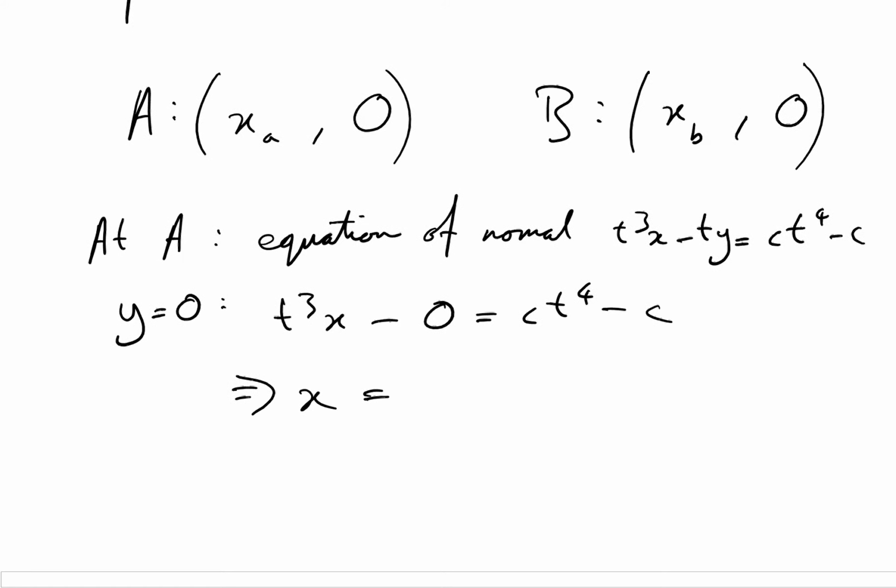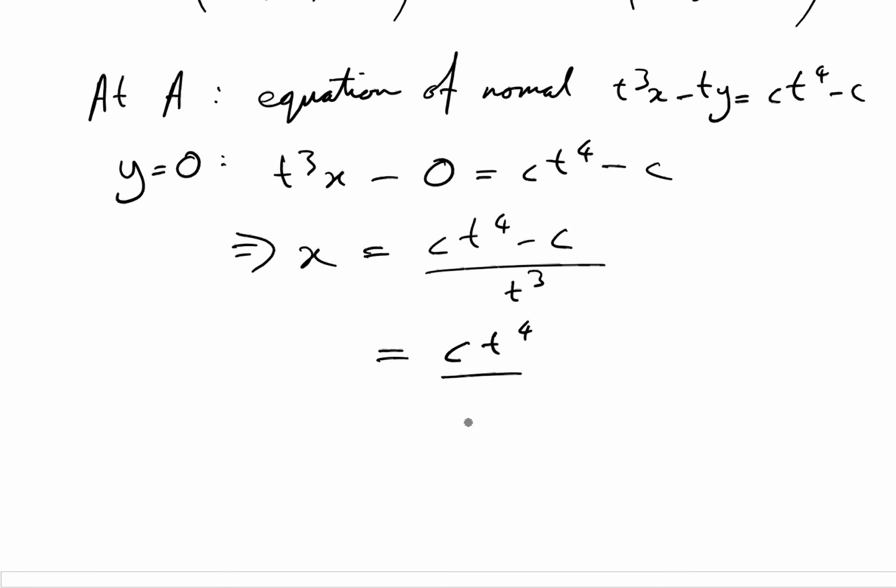So x equals ct to the power 4 minus c, all over t cubed. Let's do a little bit of simplification again. We've got ct to the power 4 over t cubed. Let's break it up into two fractions, because it looks neater in my mind, and we can do a little bit of simplification. Minus c over t cubed. Let's look at this second one first. We can't do anything with that.